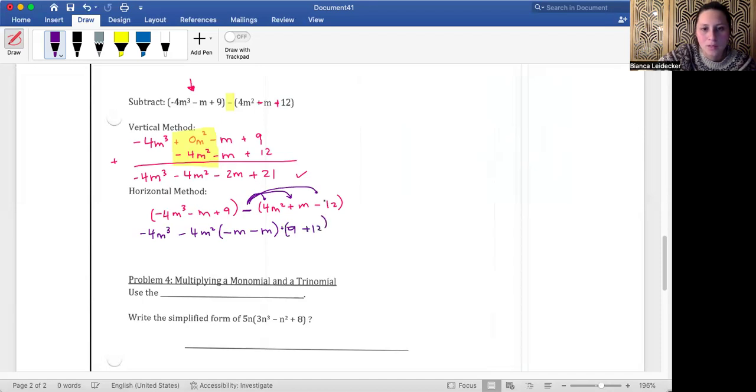So this negative made this a positive 12. I'm going to bring everything down and combine what I've worked out. Negative m minus negative m, or sorry, negative m plus negative m. Add the opposite, right? So that's negative 2m, and this will be positive 21.